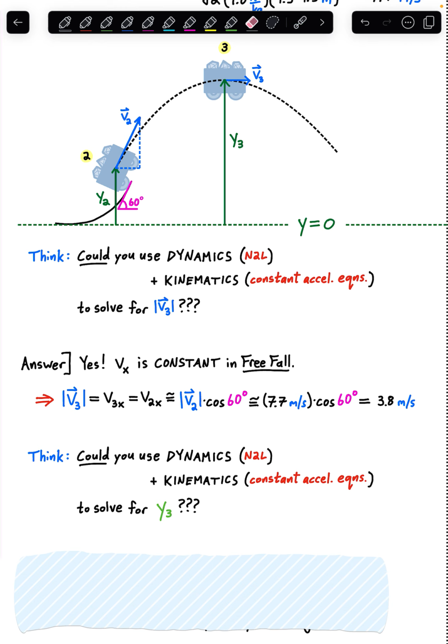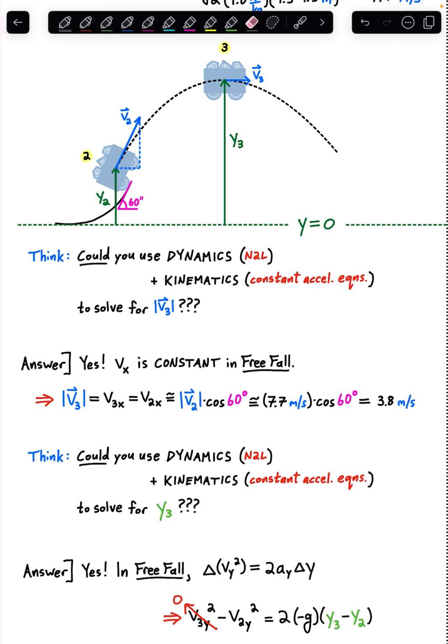Ready? Your answer should be, again, yes, we can, of course, use Newton's second law and constant acceleration equations, because our projectile being in free fall, we could apply this constant acceleration equation to our object, given that the y component of its velocity at moment 3 is going to be 0.